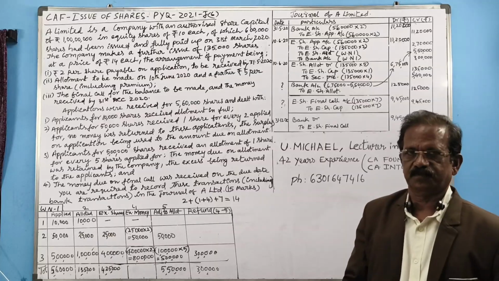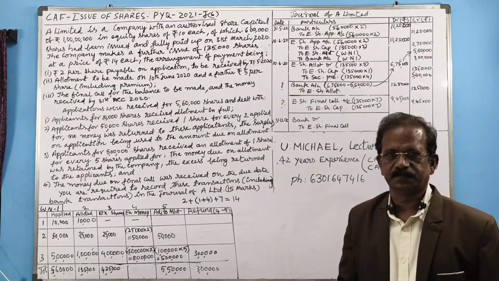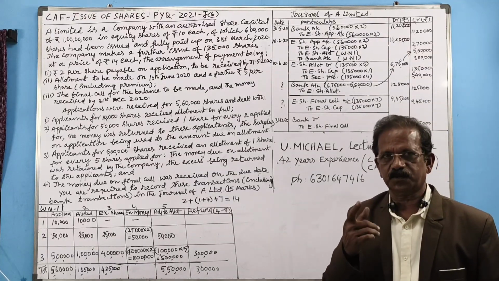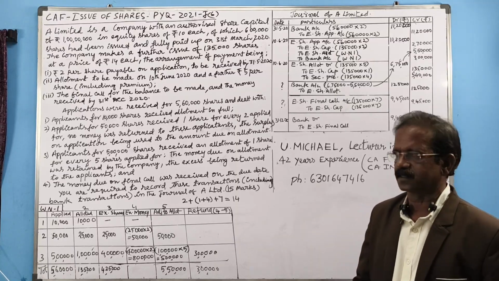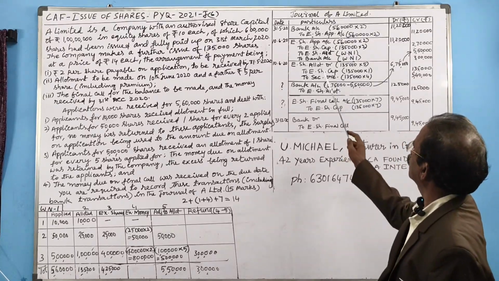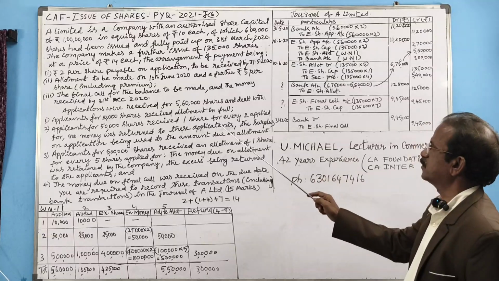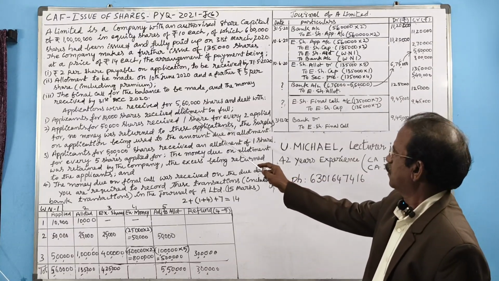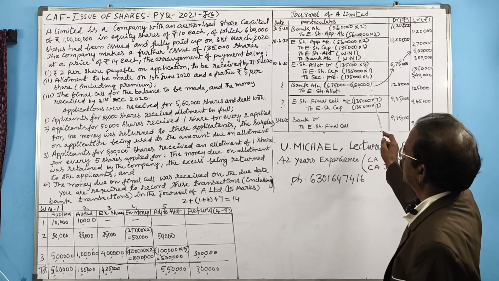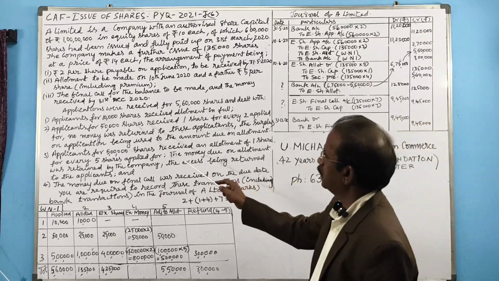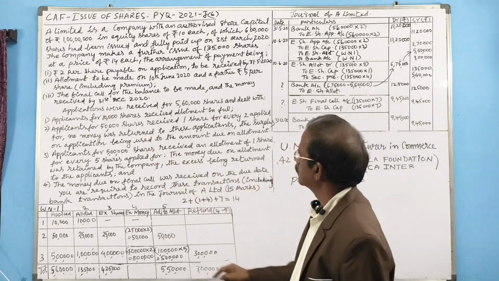When we receive application money, it is debited to bank account because our bank balance increases. So, bank account is debited by how much amount? 5,60,000 into 2 rupees, because the application money is 2 rupees.